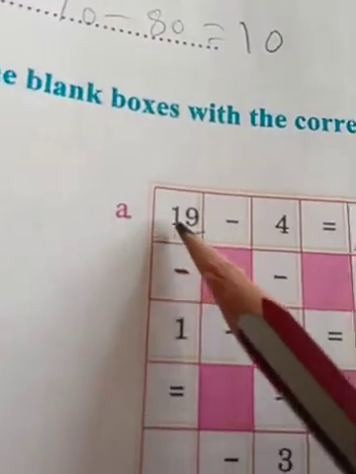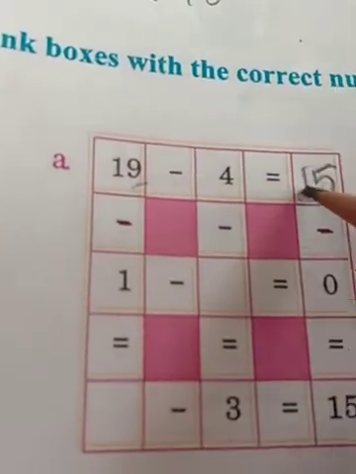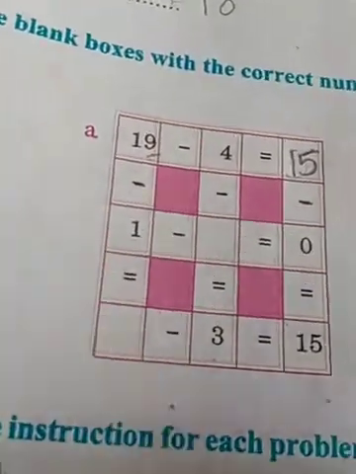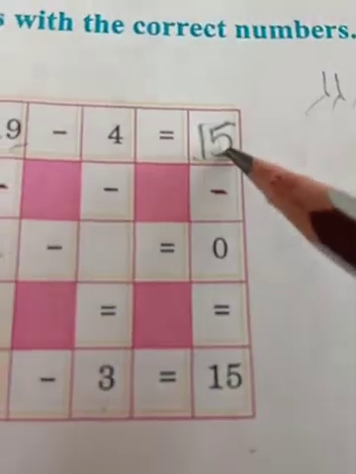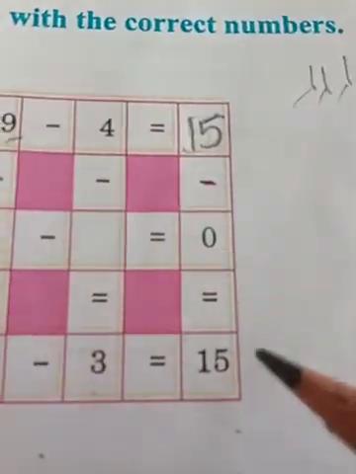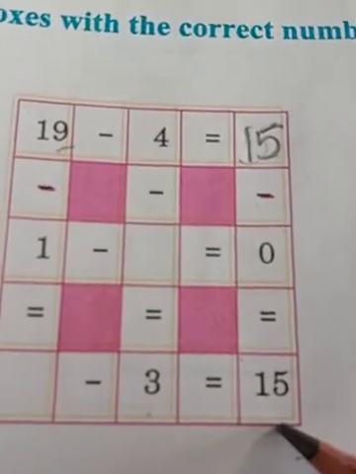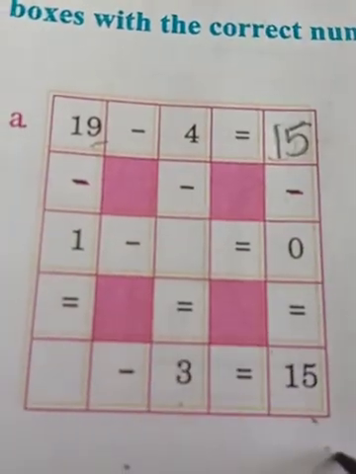So in ones place 5. Tens place 1 is there, so you keep here tens place, 15. So is his answer correct or wrong? Check once here. 15 minus 0 equals 15.